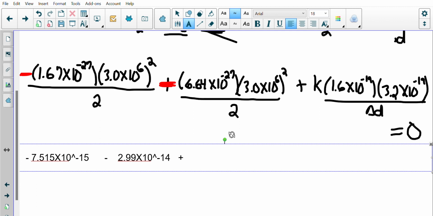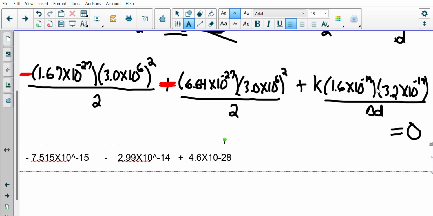Okay. All right, so then I multiply it by 1.6 times 10 to the power of negative 19, then times 3.2 times 10 to the power of negative 19, and I end up with 4.6 times 10 to the power of negative 28.